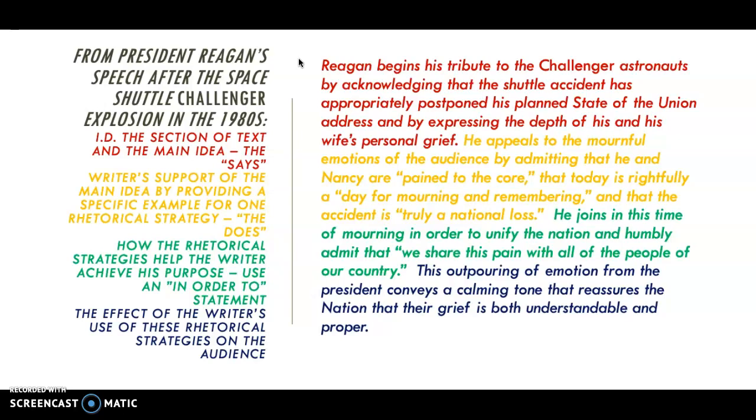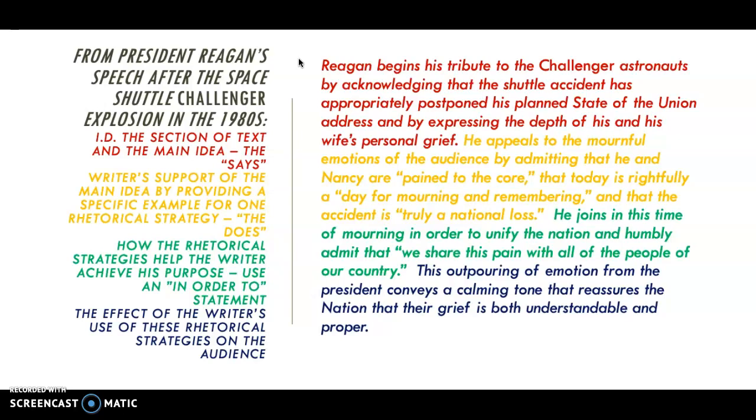He appeals to the mournful emotions of the audience by admitting that he and Nancy are pained to the core, that today is rightfully a day for mourning and remembering, and that the accident is truly a national loss. He joins in this time of mourning in order to unify the nation and humbly admit that we share this pain with all of the people of our country.